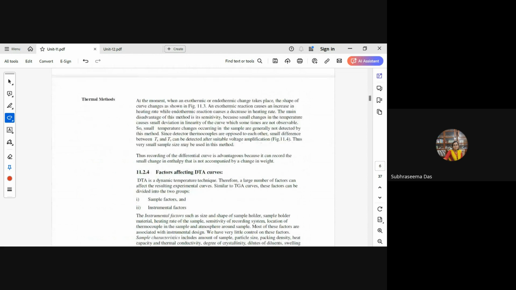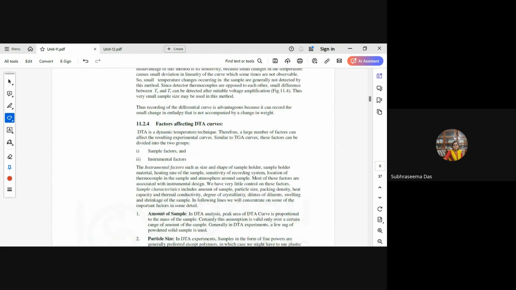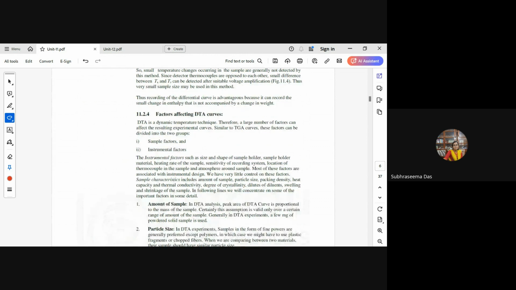Now there are certain factors which impact the DTA curves. Since it is a dynamic temperature technique, these factors can be divided broadly into two classes: one called the sample factors, and the second arising from the instrument.